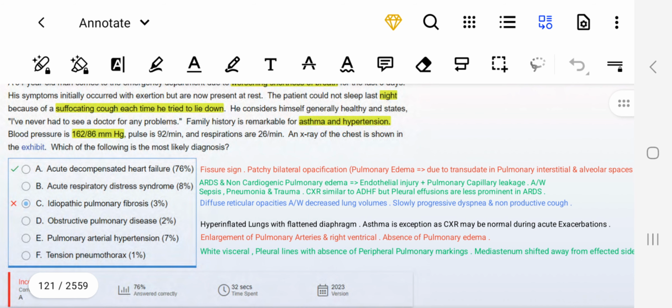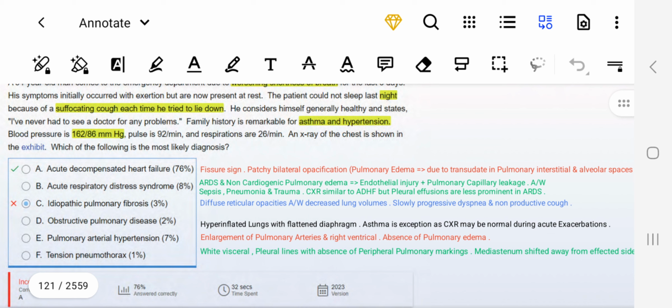Why not option D? Obstructive pulmonary disease would present with hyperinflated lungs with flattened diaphragm. For example, in case of asthma, the exception is that the X-ray may be normal during acute exacerbations, right? They're talking about chronic obstructive pulmonary disease.